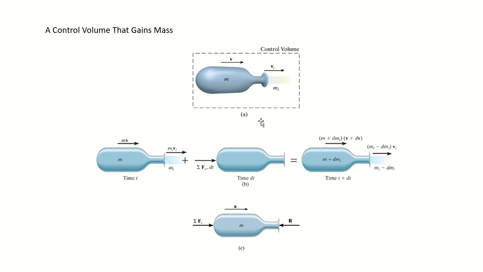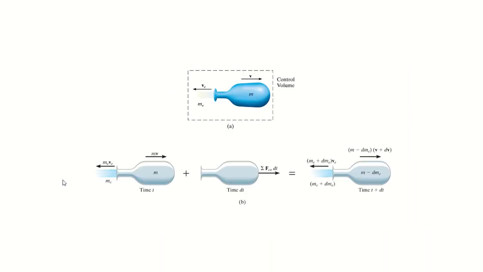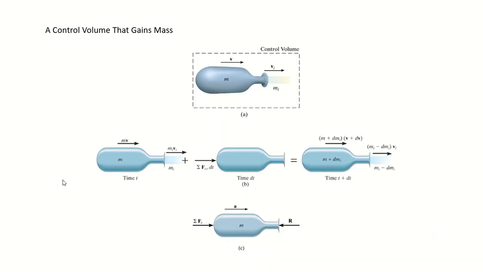Another control volume, but this time it is gaining mass, right? The previous control volume loses mass, and this volume will gain in mass. So where do we identify that?